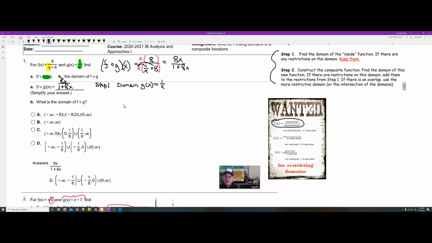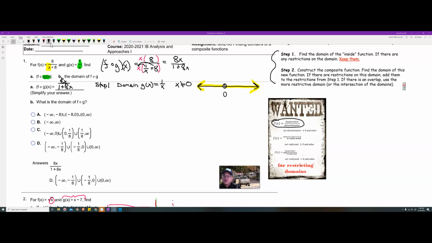So I take whatever the denominator is, and I say it cannot equal 0. That's the domain. Now if I was going to draw what that looks like, and there's my domain: all the numbers to the left of 0, all the numbers to the right.